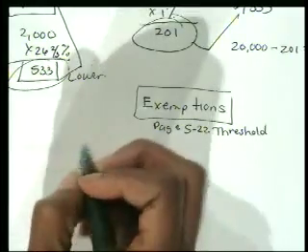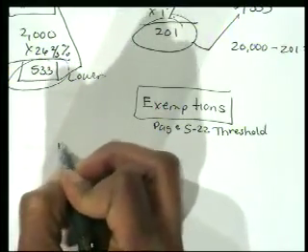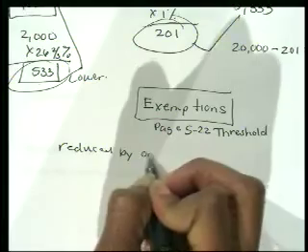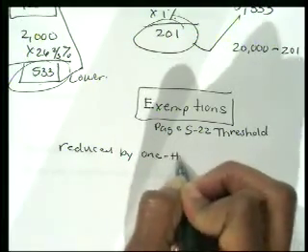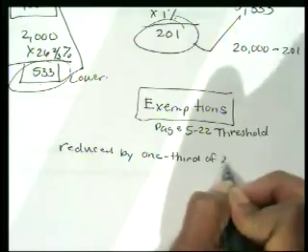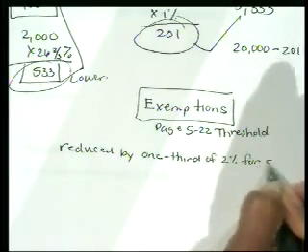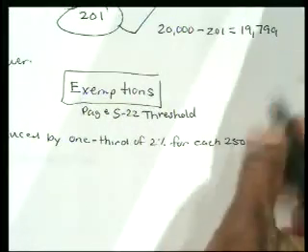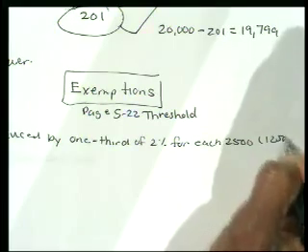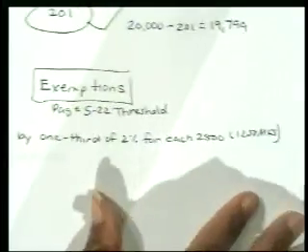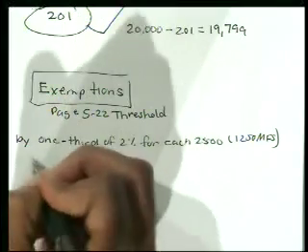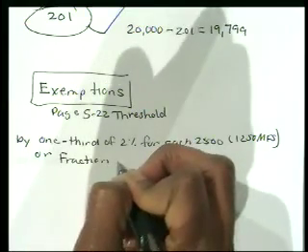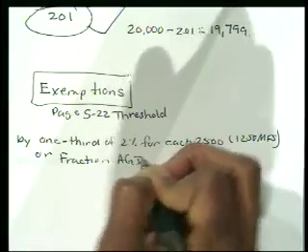Okay. Now the reduction in your exemptions is going to be reduced by 1/3 of 2% for each $2,500, or $1,250 if it's married filing separately, or a fraction of your AGI that exceeds the threshold.